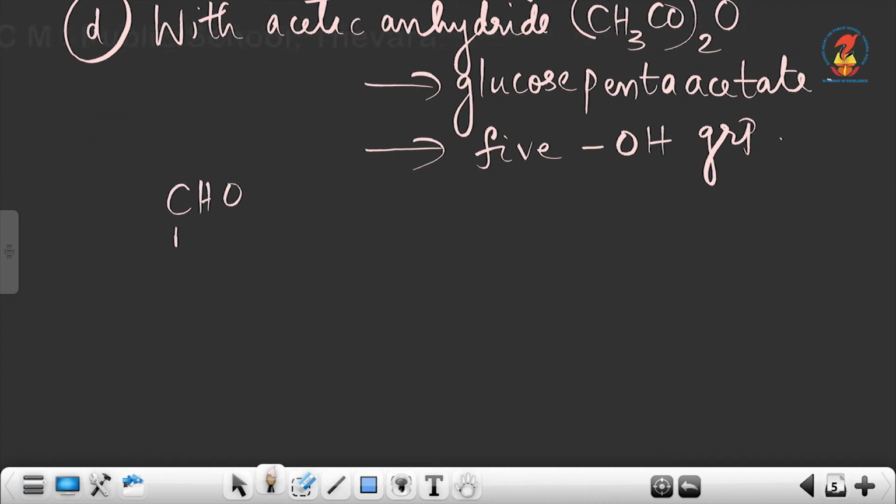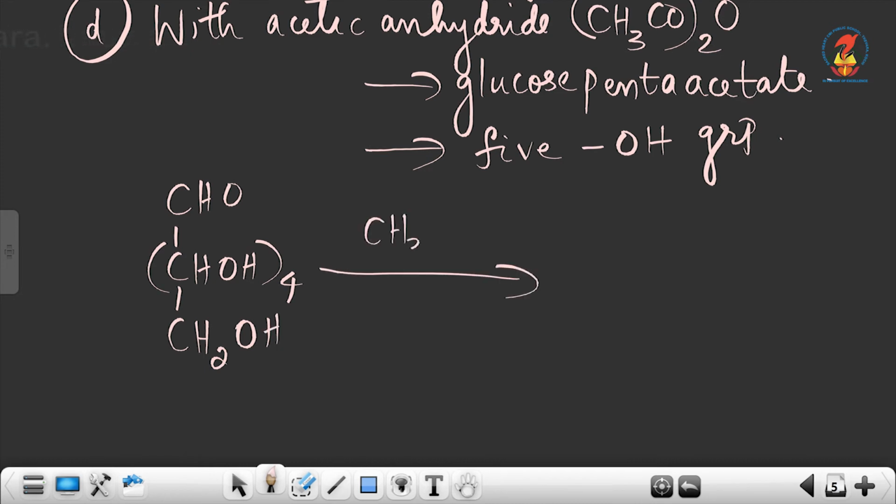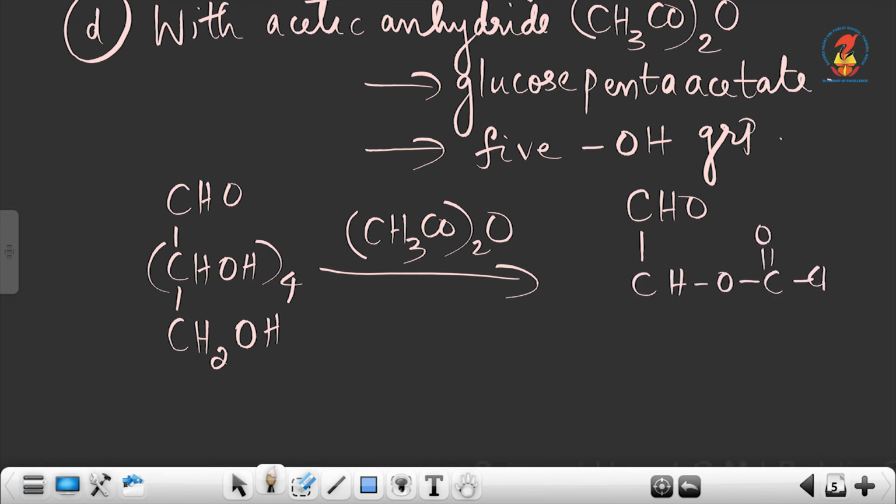Glucose is CHO, (CHOH)4, CH2OH, with acetic anhydride, that is (CH3CO)2O. Now, you can see there is no change for CHO. Now, CHOH will become CHO-COCH3, 4 times.